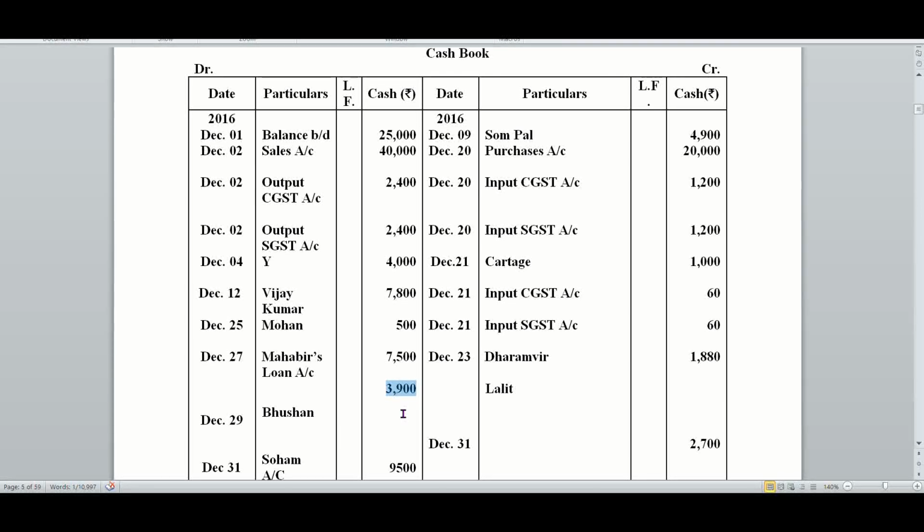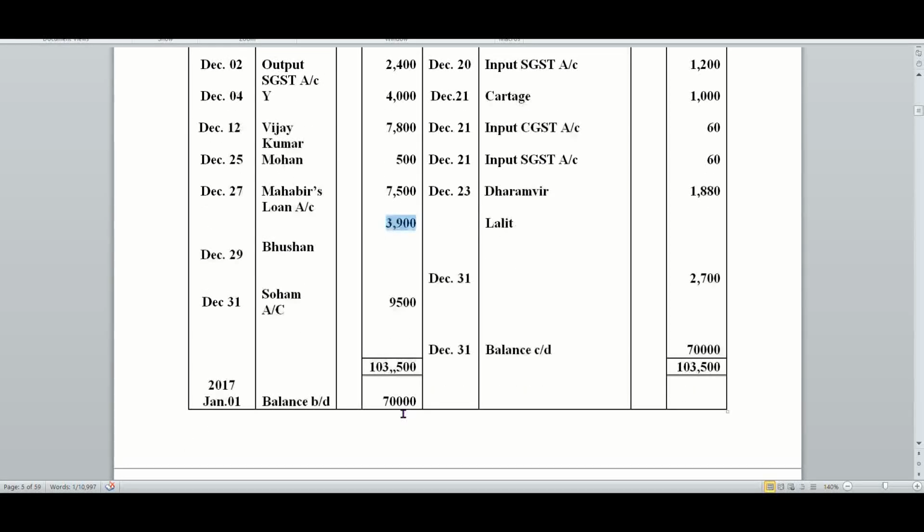Paid to Lalit 2700 in full settlement of the account of 3000. So we are paying Lalit 2700. This is Lalit account debit 3000, to cash 2700, and to discount received 300.